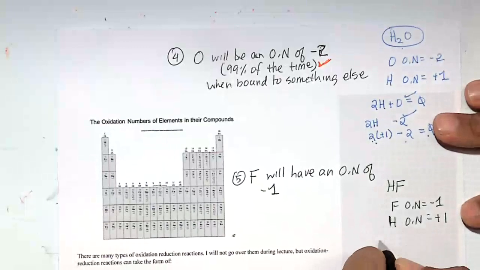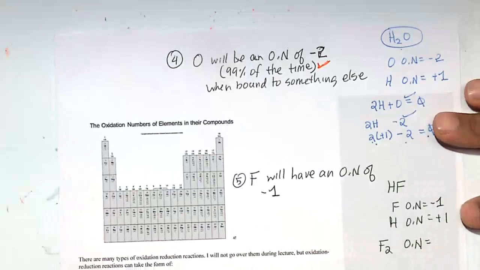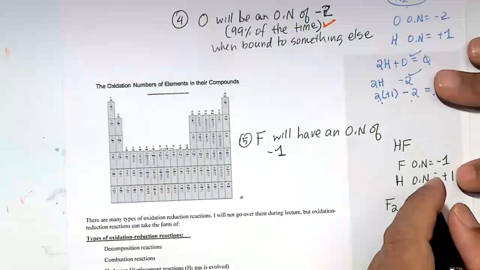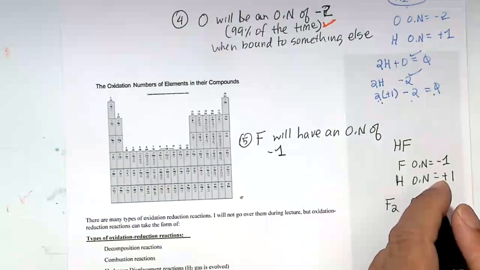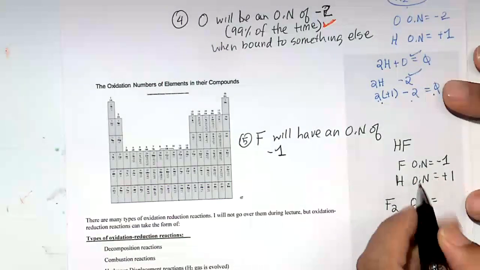What's the oxidation number of fluorine in F2? Is it -1? Fluorine by itself? Does that mean 0? Yeah, you're right. Okay, 0.